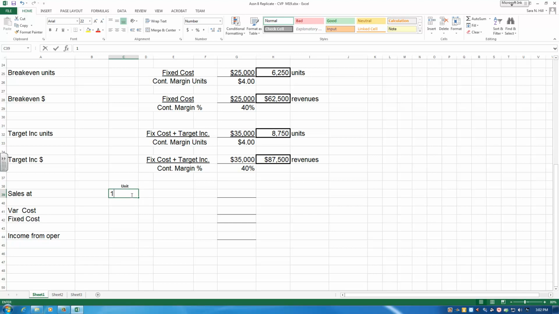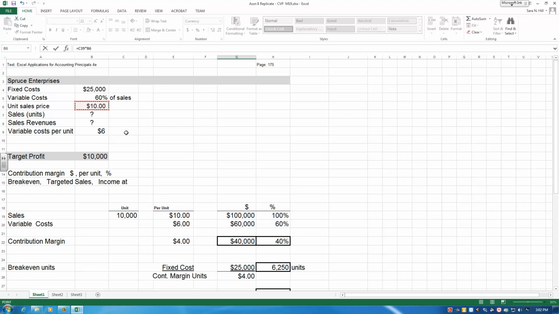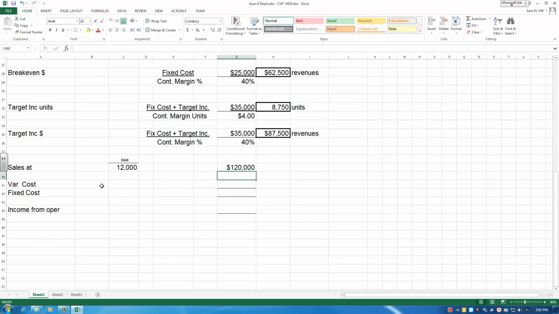So if we actually had 12,000 units, we can go ahead and calculate our revenues, which is our 12,000 units multiplied by our $10 unit sales price. We can also calculate our variable costs, which are 60%. Got to put my multiplication sign in there, times 60%.